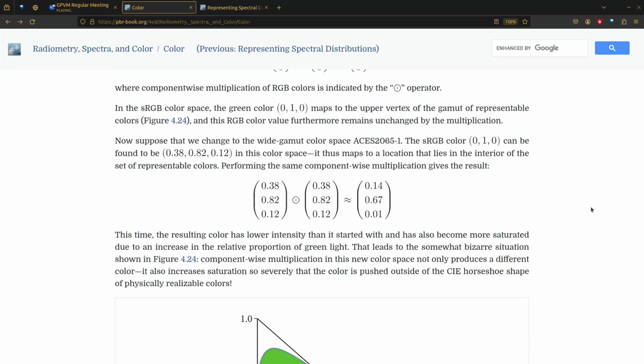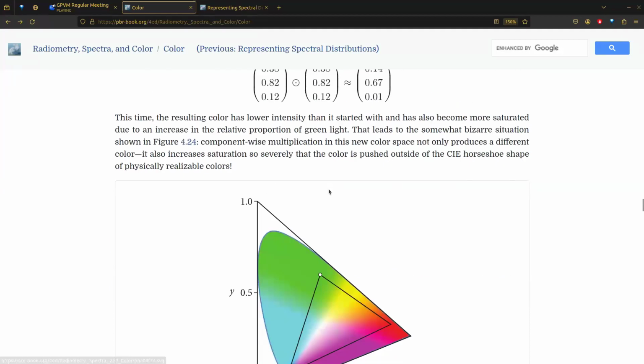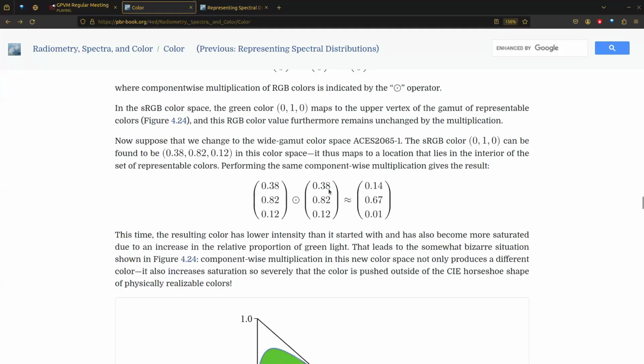Yeah, that's the default for a lot of shader languages. In the sRGB color space, the green color maps to the upper vertex of the gamut represented by the colors. It's there, I guess. This RGB color value remains unchanged by the multiplication.